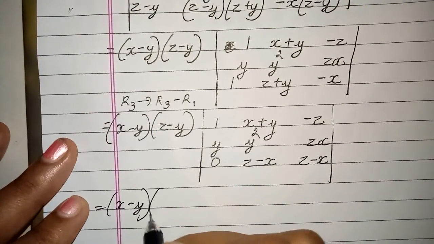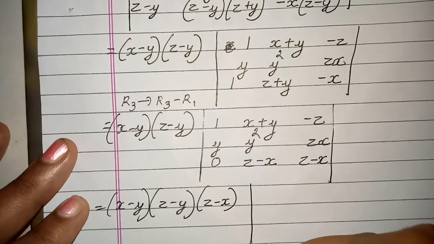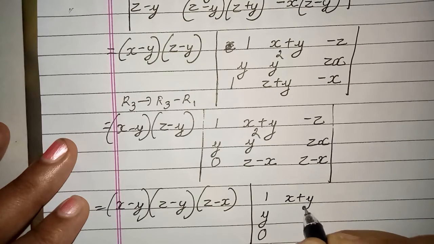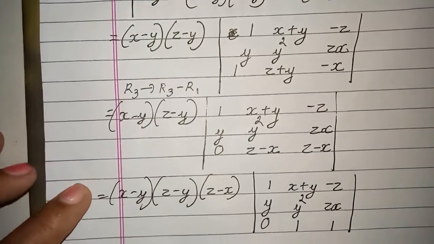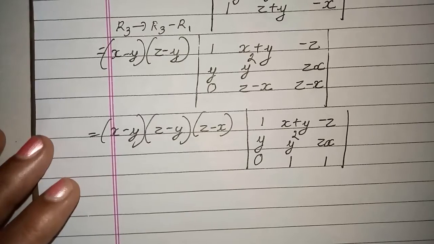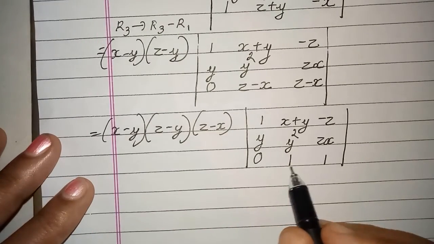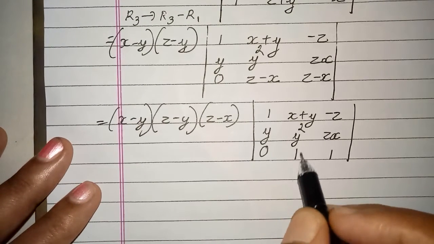X minus y, z minus y, z minus x, plus y, y square, 1 minus z and zx. Is it okay? Now we have used all the properties of determinants. And you can see that if I expand along R3, it will be easy for me, right? So I'm going to expand along R3.